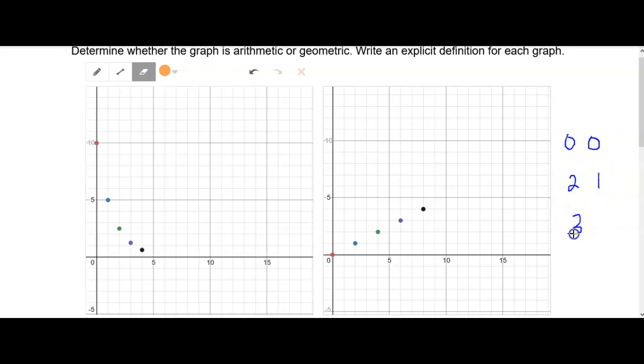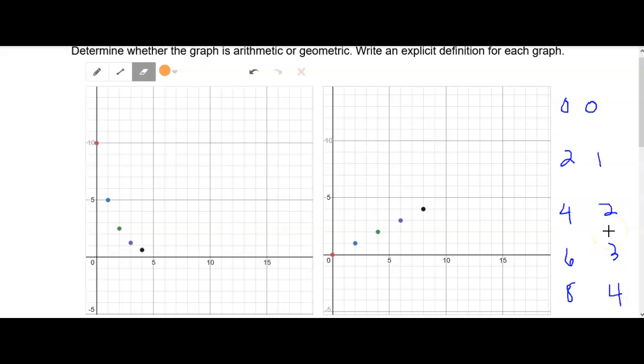We have 3, 2. Sorry, we have 4, 2. So 0, 0, 2, 1, 4, 2, 6, 3, and 8, 4.